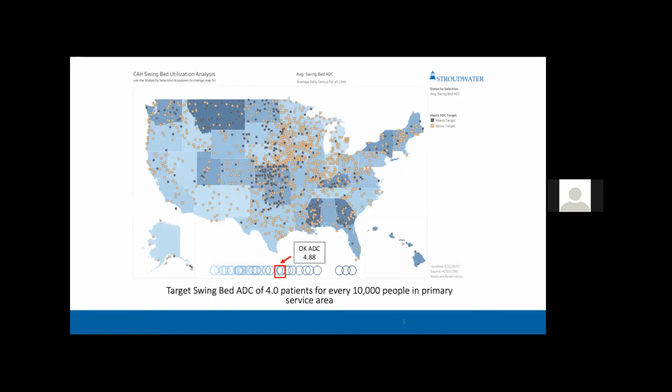We target an ADC of 4 for every 10,000 people in your primary service area. I think it's the yellow here on the screen that are those hospitals that are below that set target based on their primary service area. So, certainly not fully optimizing swing bed programs.